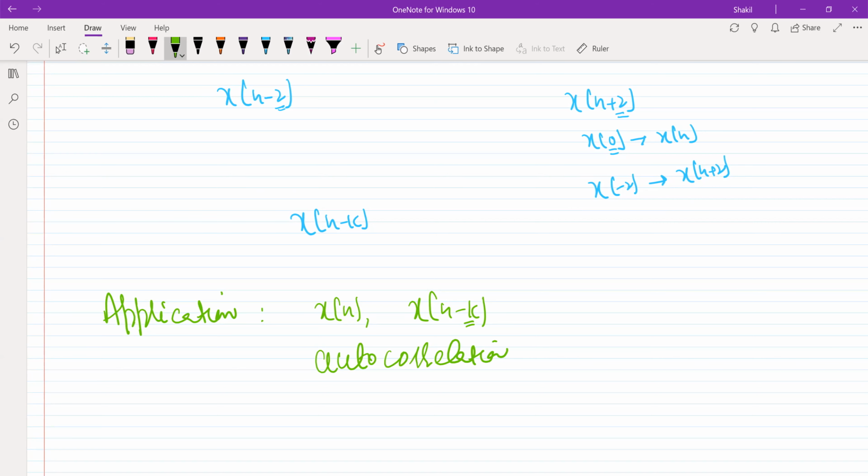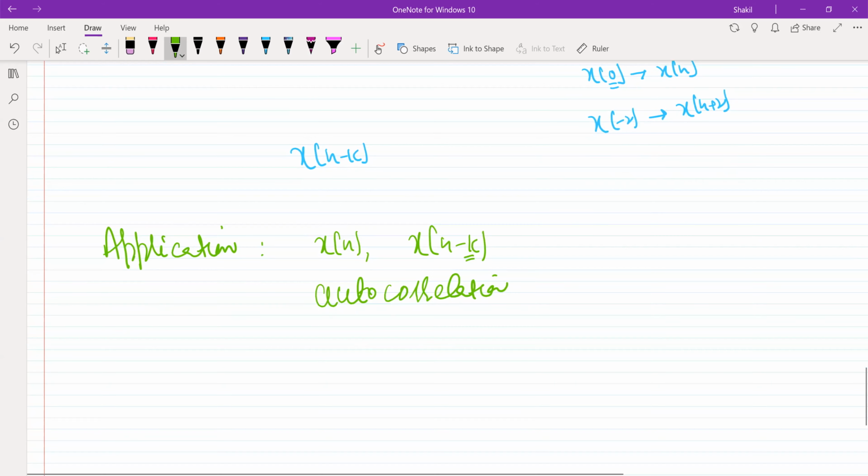Now, another field that involves the concept of time delay is artificial intelligence.